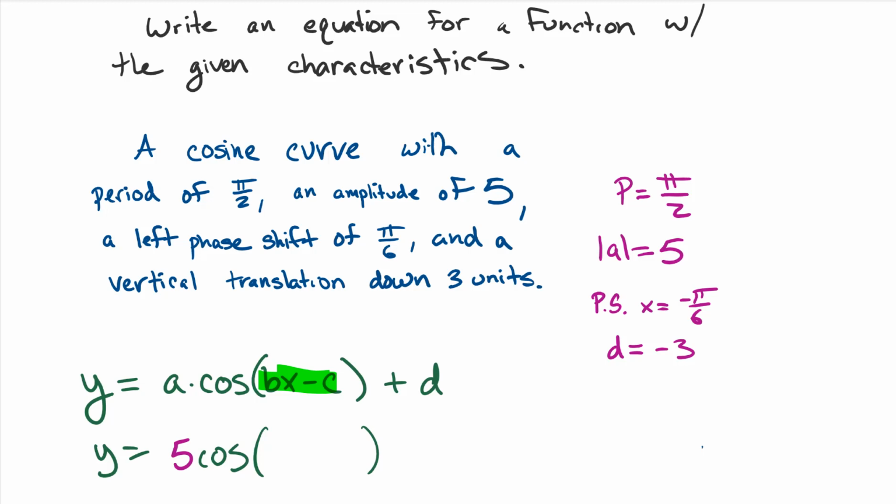So we'll wait to get that one, and let's just handle our d. Instead of putting in plus d, we'll put in our -3. Bang, we got part of it. 5 times cosine of, and it could be -5 times cosine. Couldn't get that wrong. But now we need to go find the b and the c. I think we got enough information for this.